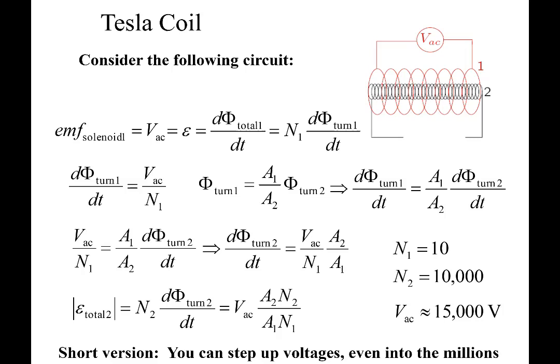Okay, so the bottom line is this: you can step up voltages with a simple setup of two separate coils, not physically connected to each other, but coaxial as in this picture, and you can create voltages in the millions of volts.